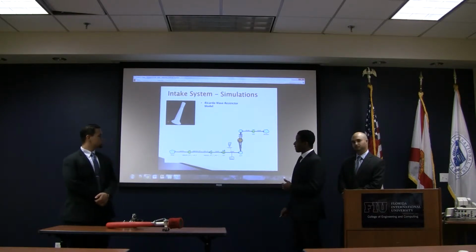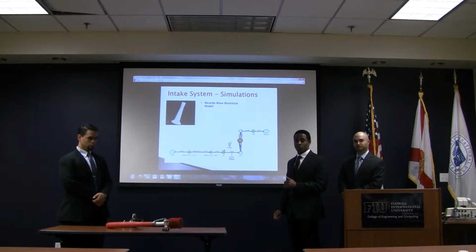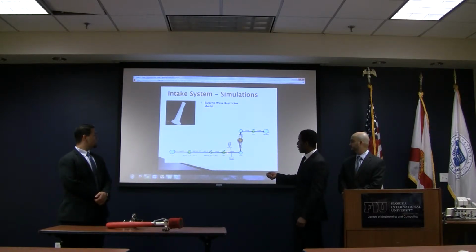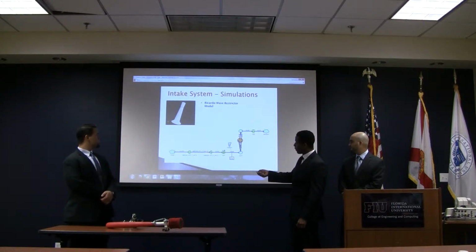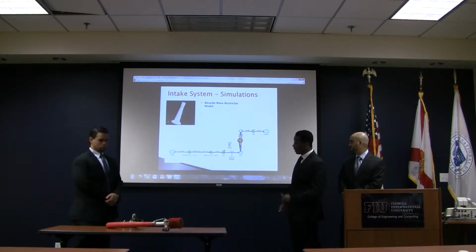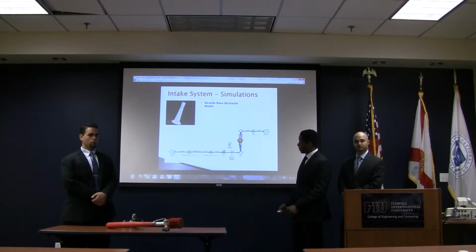After we achieved some baseline numbers comparable to the factory engine, we then applied the restrictor to the factory engine just before the throttle orifice. We applied some orifice values to the restrictor to let us see what kind of restrictions the restrictor was applying to the engine.